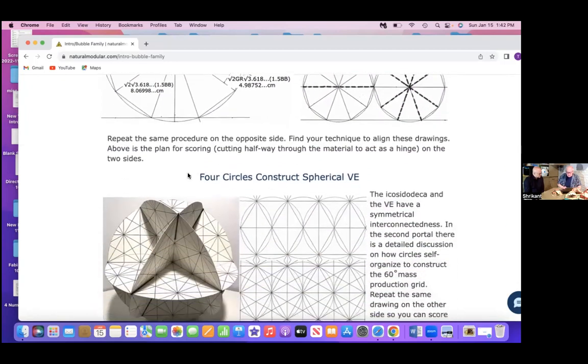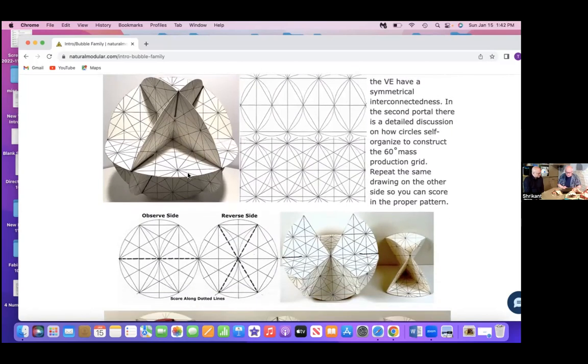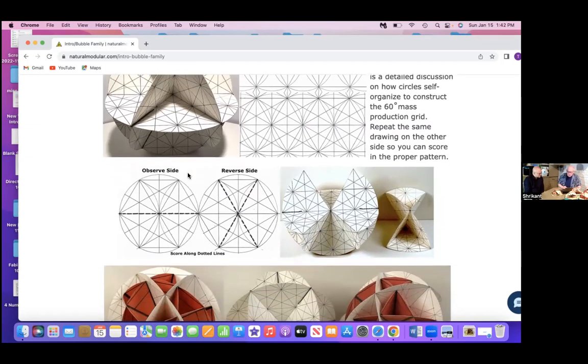And so then these 4 circles, there's once again the self-organization of the circles. And then this is how you, on one side, score it along the equator, and then on the other side, you score it there. So it folds into this little bow tie. And you can use hairpins, as you can see here, that makes the icosahedrodeca.